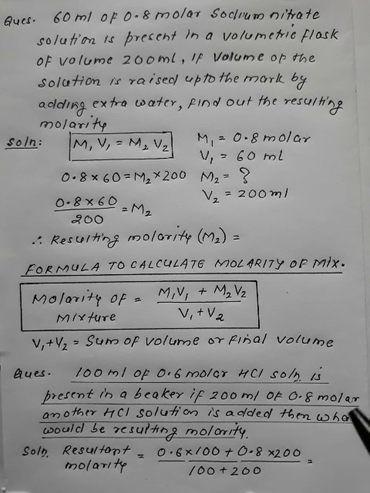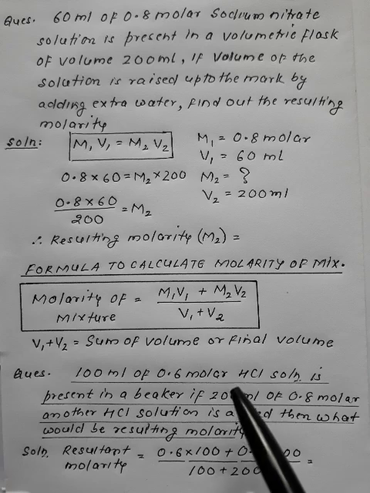One is 100 ml of 0.6 molar and the other is 200 ml of 0.8 molar, and we need to calculate the resultant molarity.